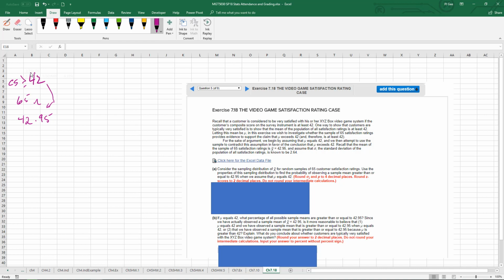Through practice, we're told that the standard deviation of the population is 2.64. One of the reasons we can go ahead with this is that quite often in processes, the thing that changes between samples is not the spread or shape of the distribution, but it shifts.